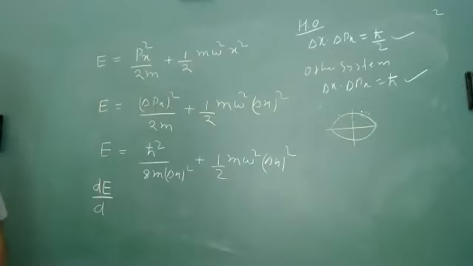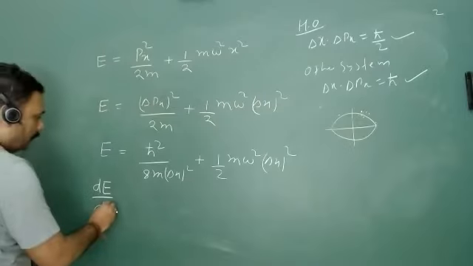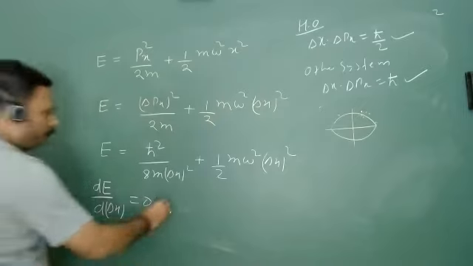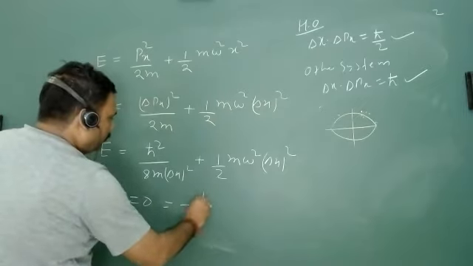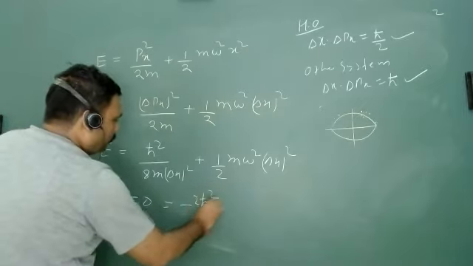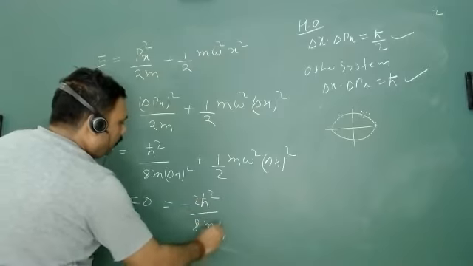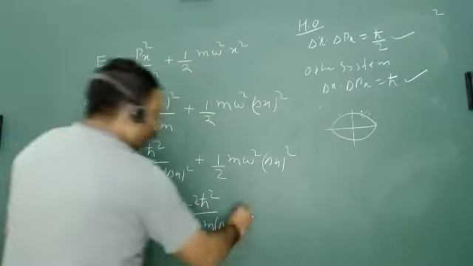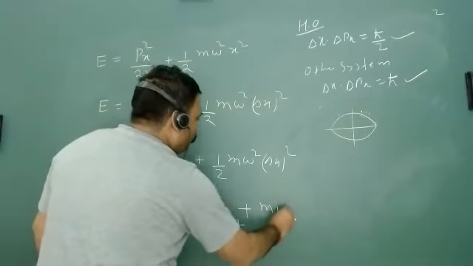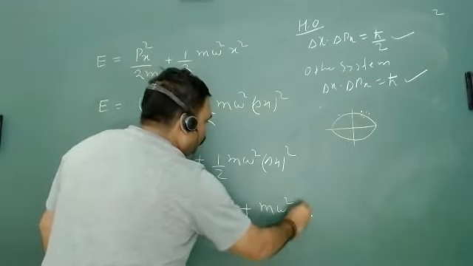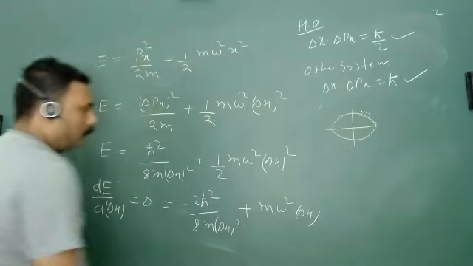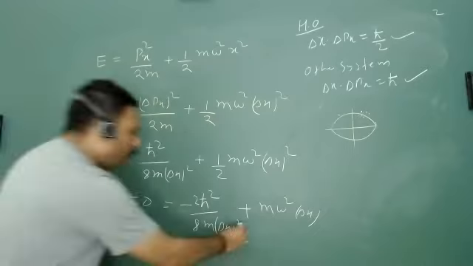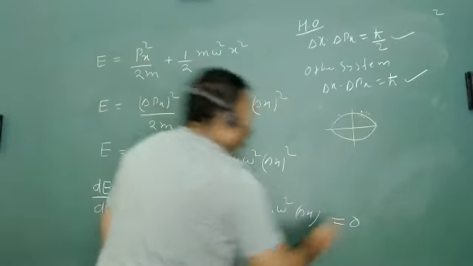This is the question. So delta E upon delta x is equal to 0, which will tell you minus 2 h cut square upon 8m delta x cube plus m omega square delta x is equal to 0.